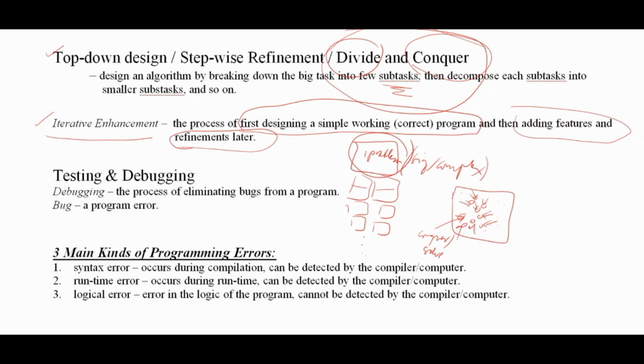So say for example, your problem is to write a program to compute the area of a circle given as input the radius. Your first goal is to identify the necessary input, which is the radius, and then what is the process?